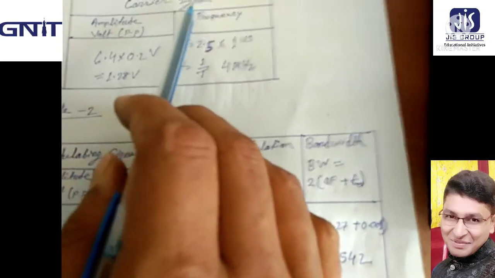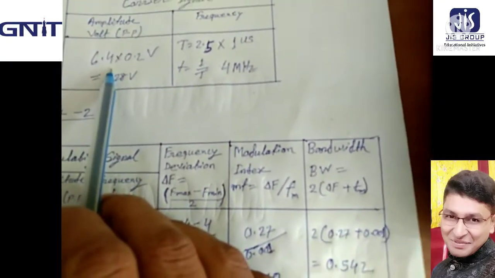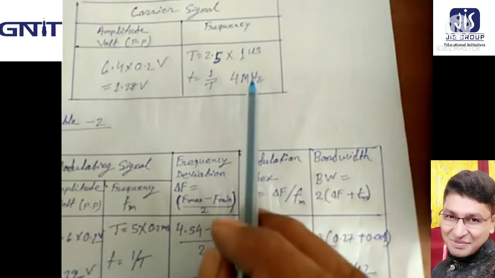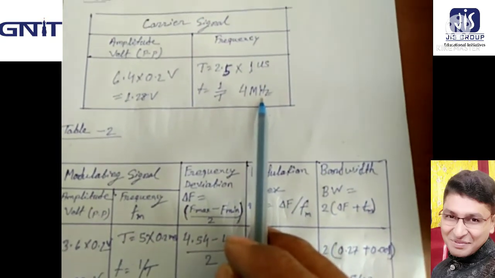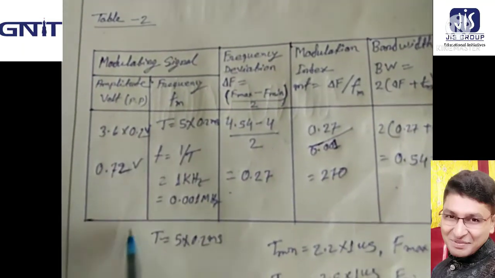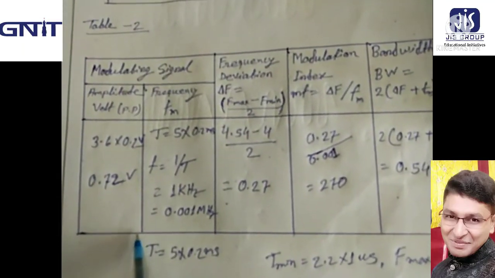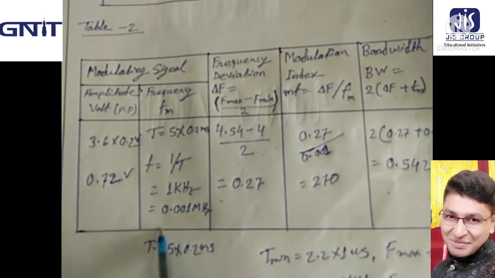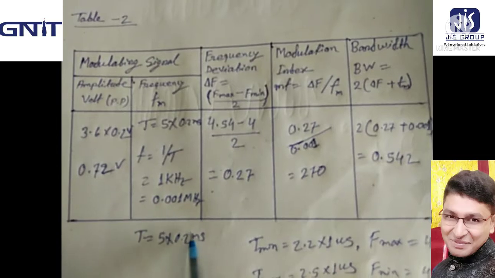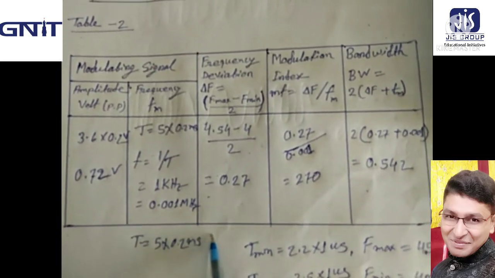Now the carrier signal amplitude is 1.2 volt and frequency is 4 megahertz, and the modulating signal amplitude is 0.72 volt and frequency is 1 kilohertz, that is 0.001 megahertz.